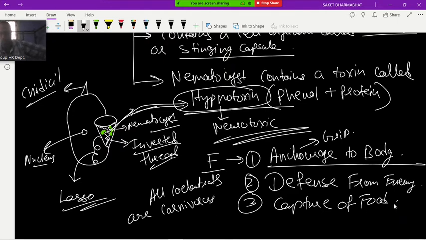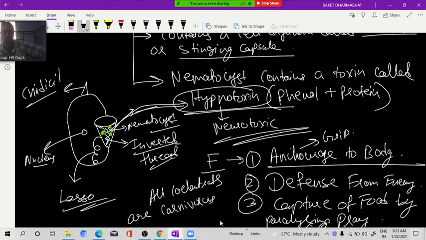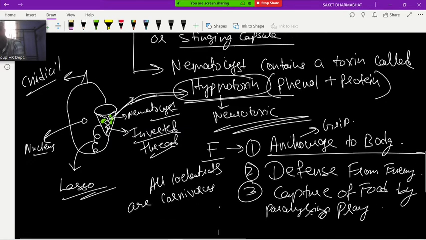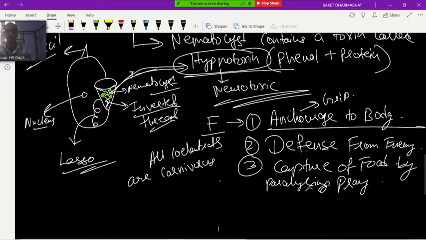Okay, so capture of food by paralyzing prey. Understood? So these are the functions of what? Nidoblast cell. Written up to here?